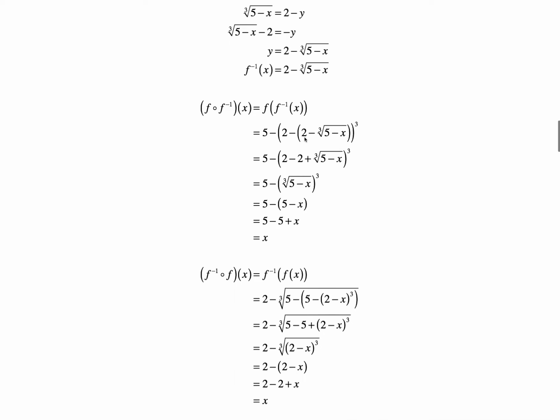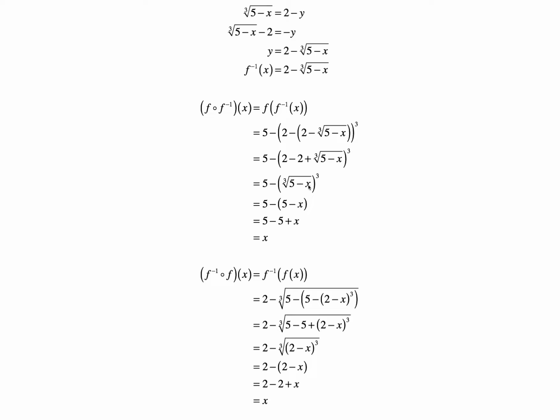I distribute the negative here, and I have 2 minus 2 and minus a negative cube root of 5 minus x, which is positive cube root of 5 minus x. 2 minus 2 is 0. And so this simplifies to 5 minus the cube root of 5 minus x, cubed.